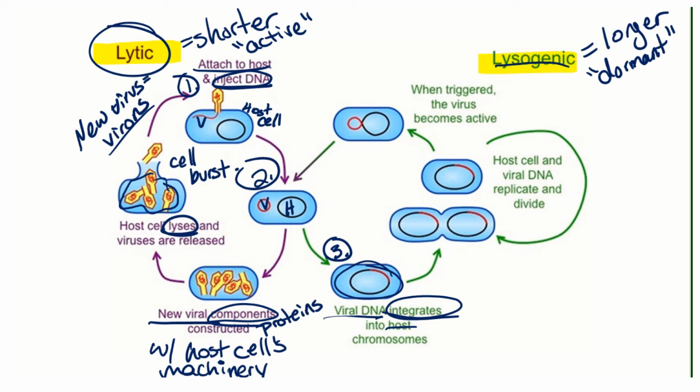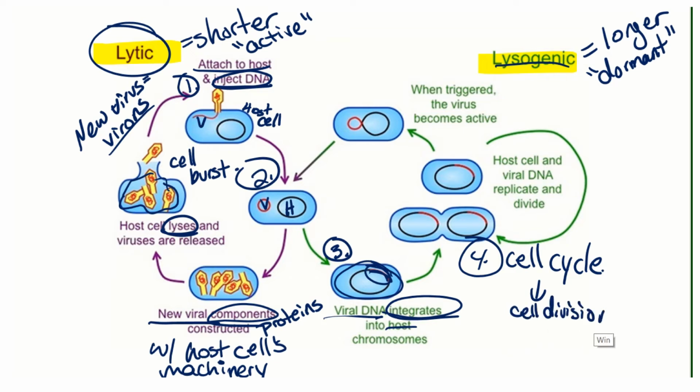Now, as you can see here, the red component, which was symbolizing the viral DNA, is now part of the host DNA. Now, what's so special about this is that when you go on to step 4, which you see here, the cells will continue going about their regular cell cycle. So here we see the cell cycle, which is what's going to lead to cell division.